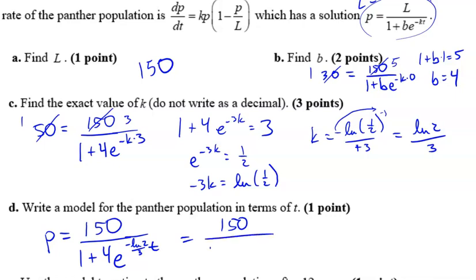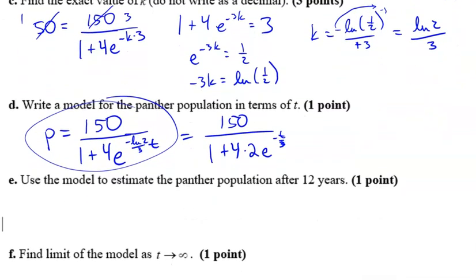We have 150 over 1 plus 4, and then, actually, I'll just keep the negative with the t and the 3. So e to the natural log of 2 is going to be just 2, and then times 2, but then we still have e to the negative t over 3 left over. Okay, so if you want to do that, you can, but you can also just stop right here. And that is in terms of t.